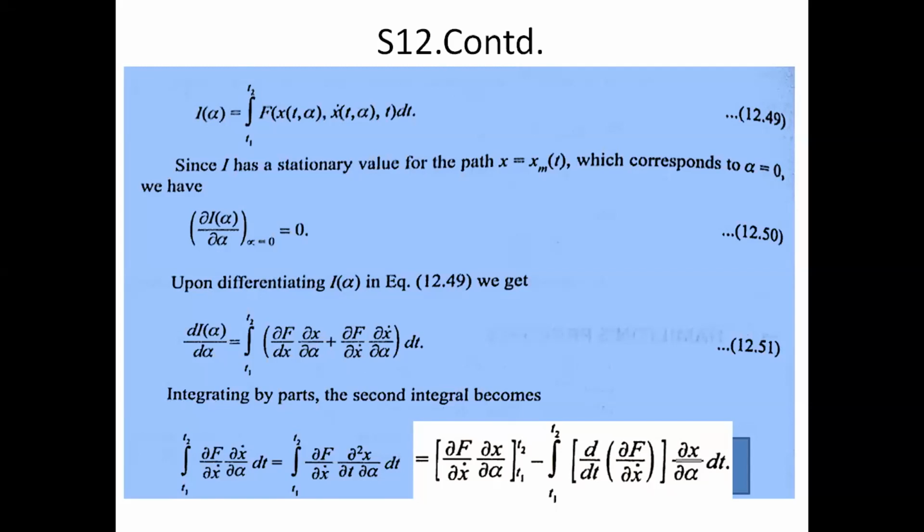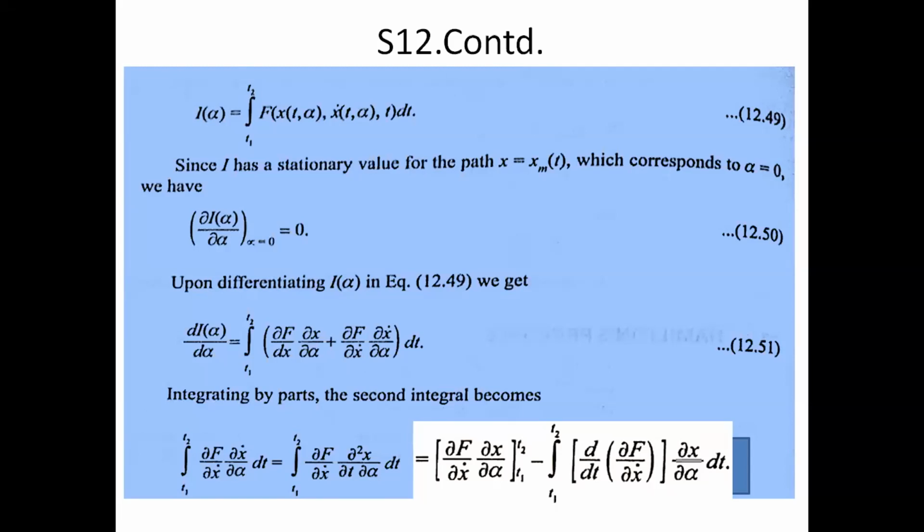Someone had asked about the role of n(t) in the equation. Going back to slide 10, I have already mentioned it in the last line: n(t) is a function that vanishes at t1 and t2.